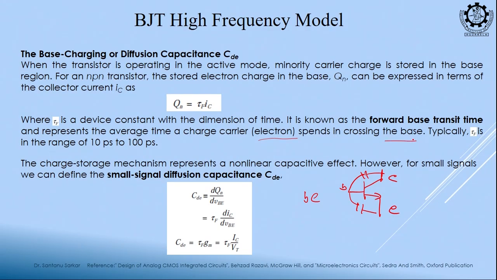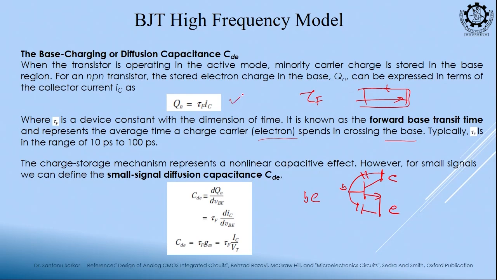So, whatever carrier is there in the base, it takes some time to cover the base width, and that time is known as tau f. If we multiply IC with tau f, what will we get? We will get the total charge, right? Q is equal to I into T.